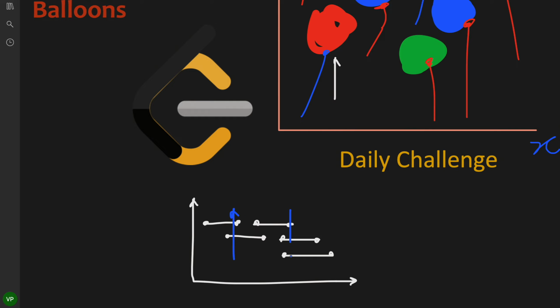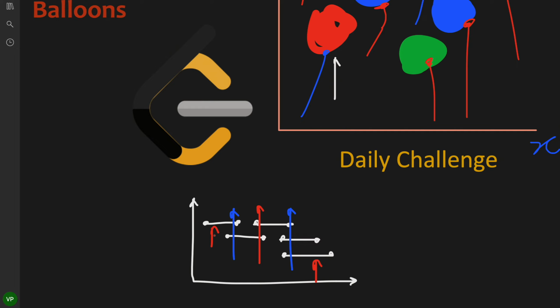We had something like this, and then I made something like this. So we can maybe use this arrow here, but then we realize that we have to use two more arrows just to pop these balloons.